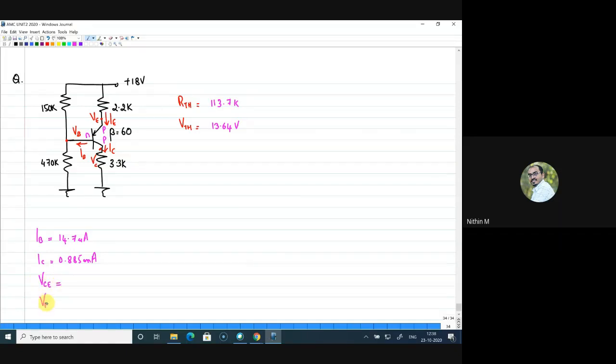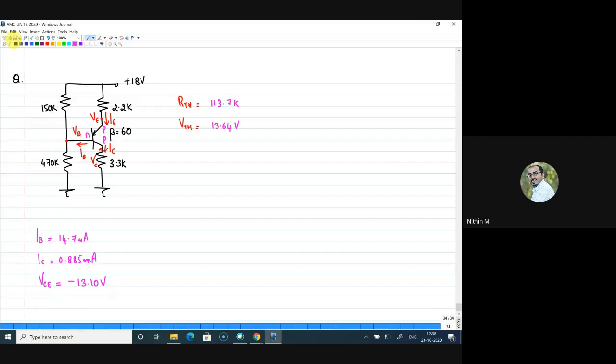VB also you should find, because VB will be VTH minus the current IB into 113.7K. I'll write the VC voltage as minus 13.10 volts. Kindly check these values, and if there is any doubt, please come back. We will see where the problem is.